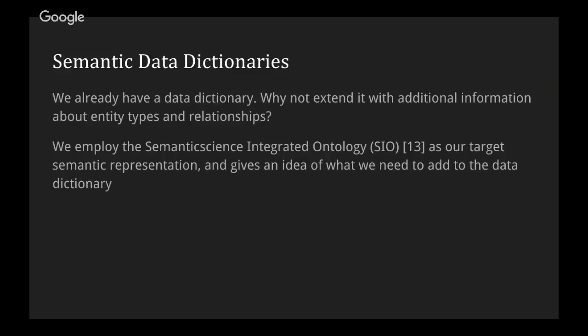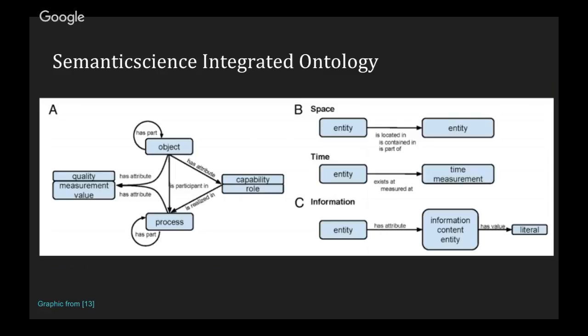So we're using the Semantic Science Integrated Ontology to construct a conceptual skeleton for the data, and expanding on that to arrange the pieces, the entities and the types and the measurements and their relationships in that basic structure, in order to create our semantic structure for the target linked data. So this is from the SIO paper. Essentially, you have objects, qualities, measurement values.